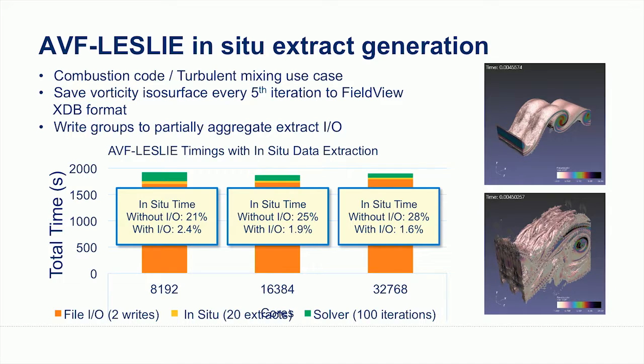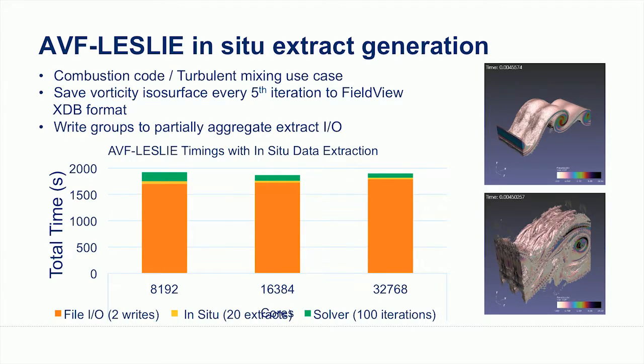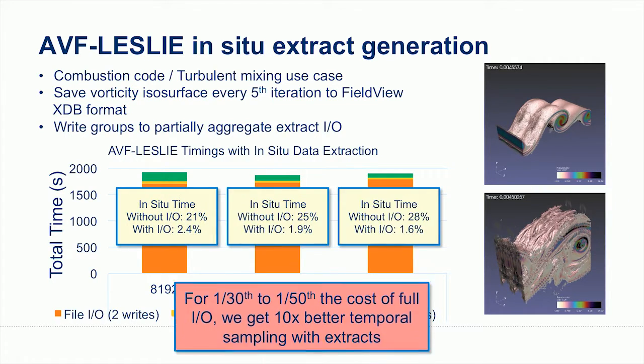I'm not actually sure what his numbers mean here, but you can see just from the plots themselves that the yellow band is a very small slice compared to the orange band, and that's the point, that extracts here are saving a lot of time. So the in situ is a huge win over the post-processing I/O scenario.